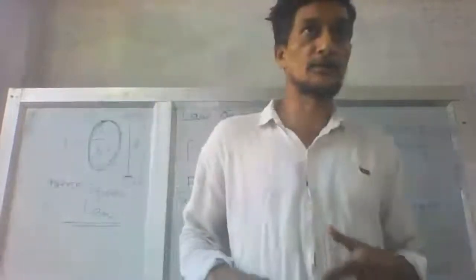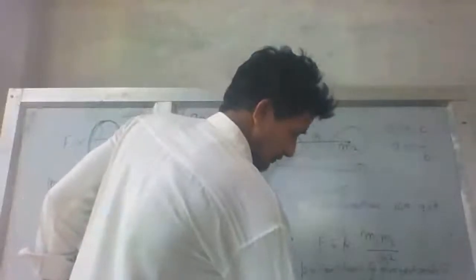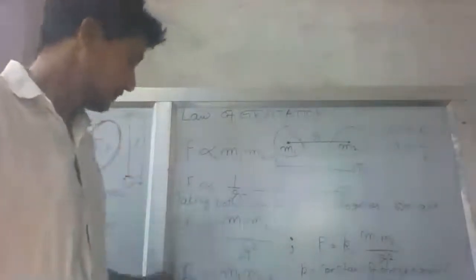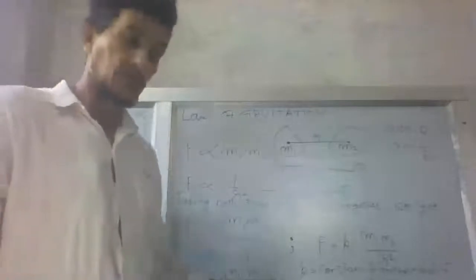R is distance, always in meter, so it will become meter square. Kilogram square per meter square. Got it? And the value becomes Newton. F is equal to G m1 m2 upon r square, where G is the gravitational constant.